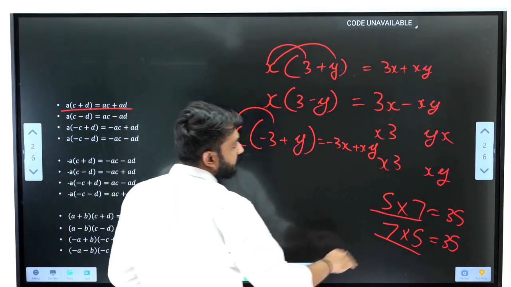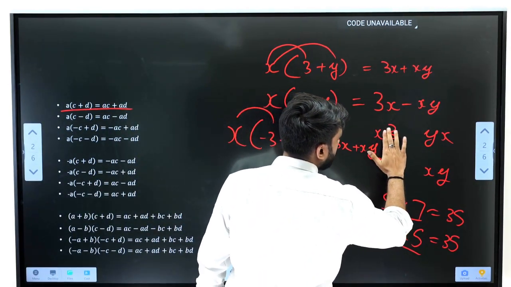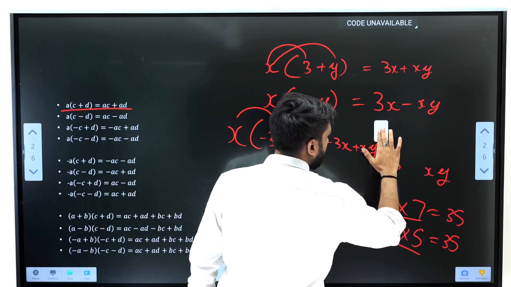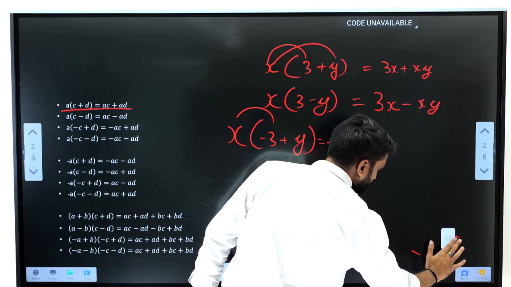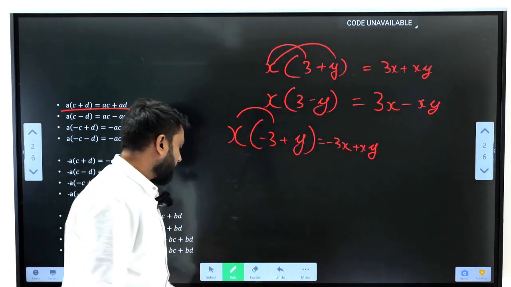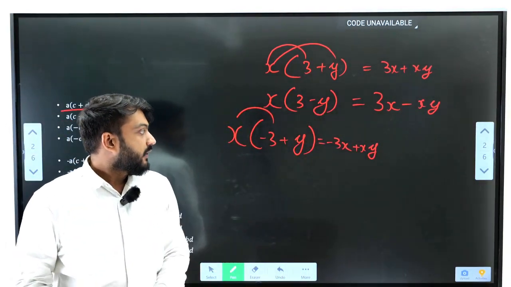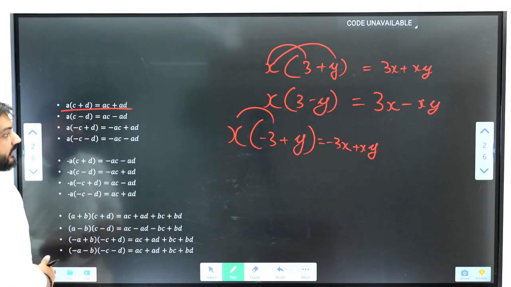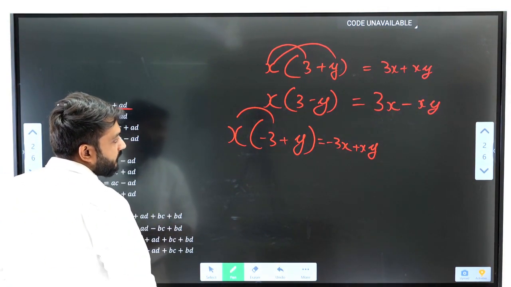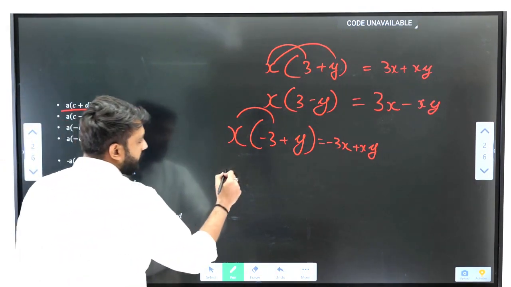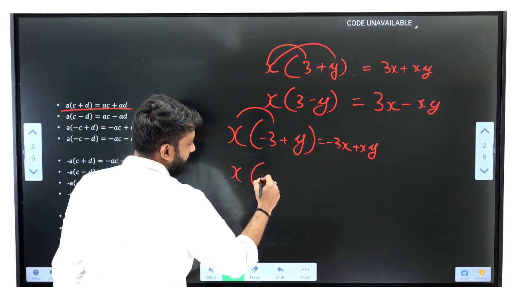Let me erase this so that there is no confusion around this. So, x into negative 3 will obviously give you negative 3x, and x into a positive y will give you positive xy.